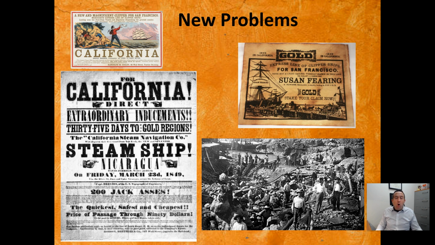The result is in all three of these territories, in California, New Mexico, and modern-day Arizona, there are going to be increased clashes between the newly incoming Anglos and the existing formerly Mexican residents, landowners.